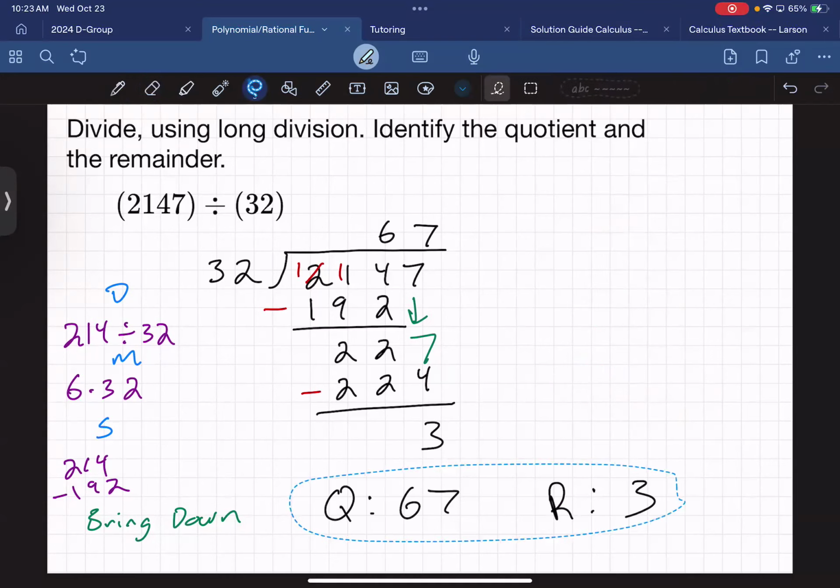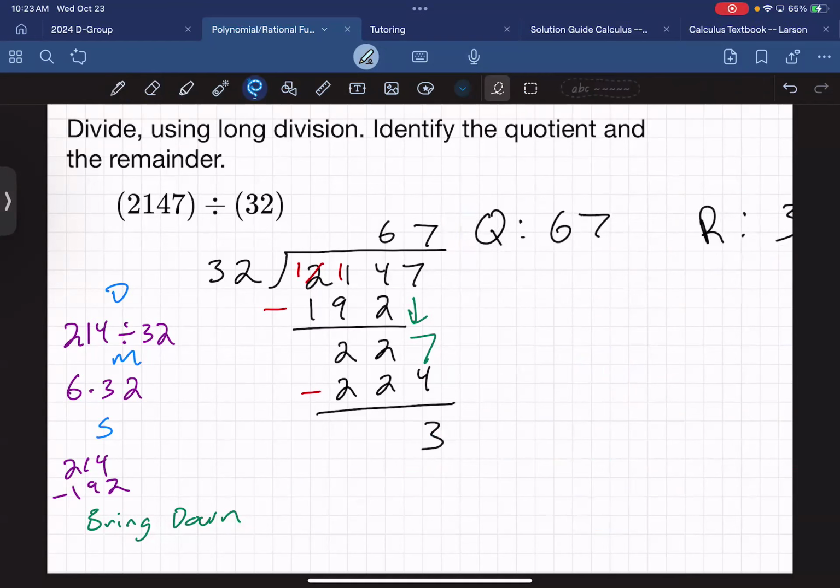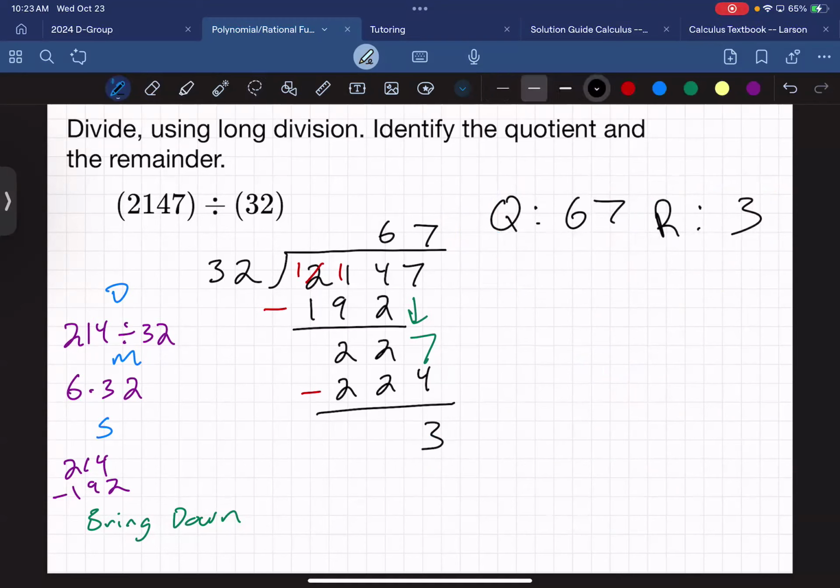What we're going to find here, this is helpful because some of the things that we've used in the past can be built from this, right? So one way to look at this is like, hey, I can write this as a mixed number, 67 and 3 over 32. I didn't tell us to do that, but just kind of remember those things. One thing I will say is remember mixed numbers. When you say 67 and 3 over 32, what operation is implied?